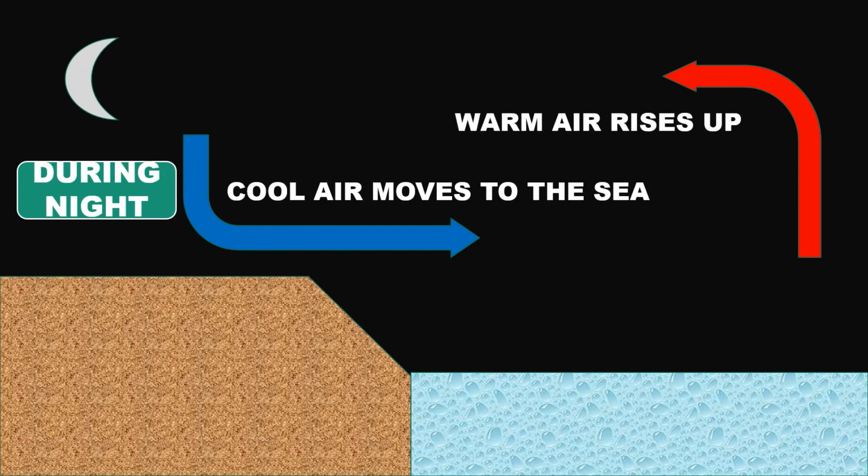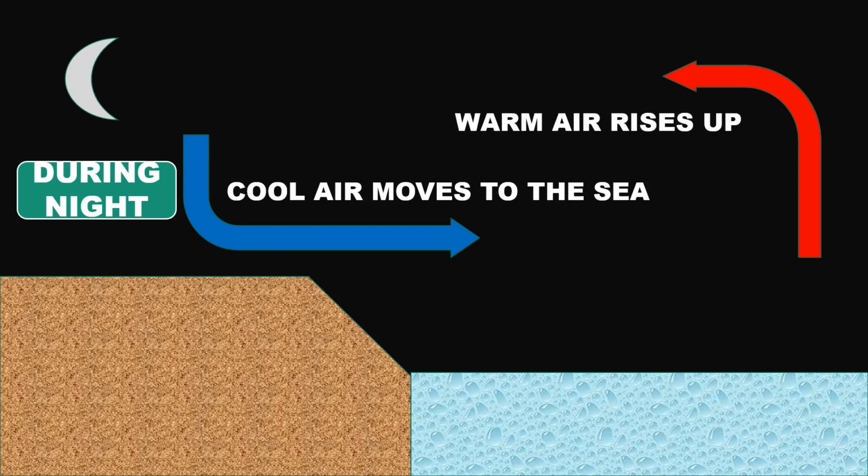Because land has lost its heat fast, by night, the air above the land is cooled down, whereas sea does not lose heat so fast. So the air above the sea was still warm.